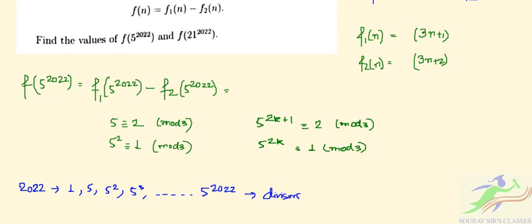Okay, so if we calculate f1 of 5 to the power 2022, first of all 1 is there, plus even powers of 5. How many even powers will be there? It will be 1011 from 5 square to 5 to the 2022, so in total it will be 1012. So we have found f1 of 5 to the power 2022.